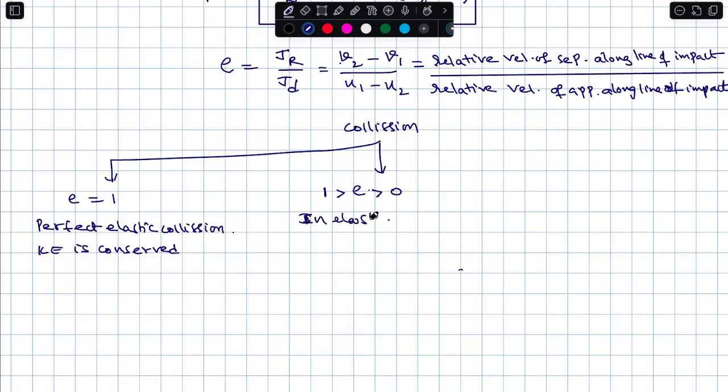Inelastic collision or semi-elastic collision. Here in this, KE is not conserved.